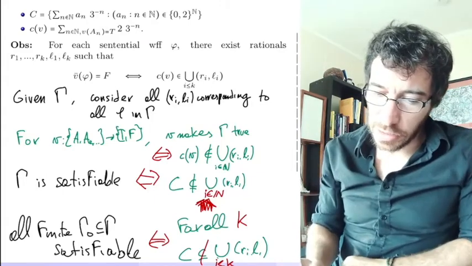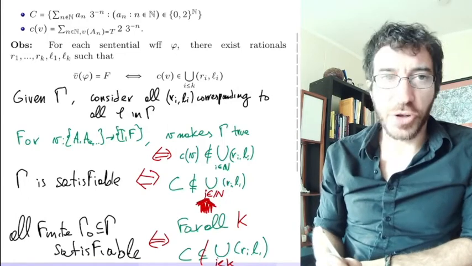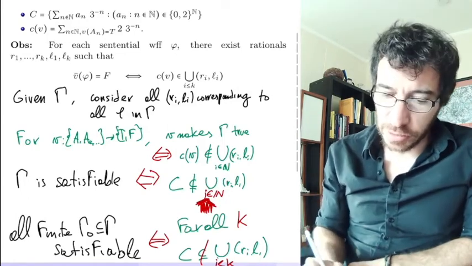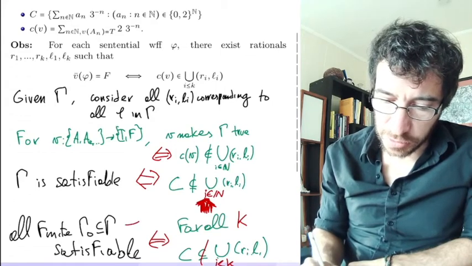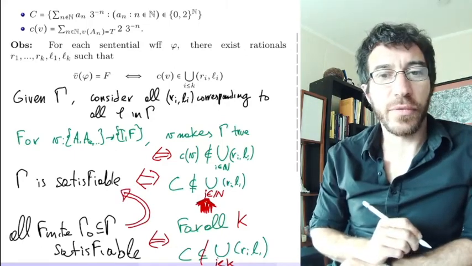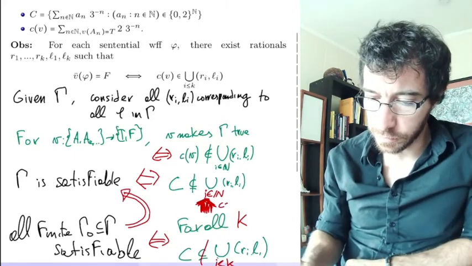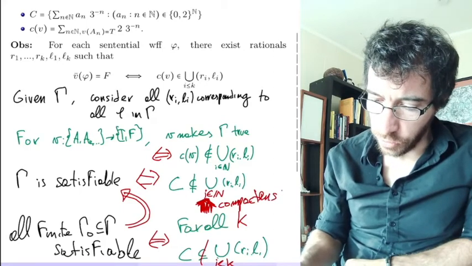So that's what the compactness theorem says. Therefore, we go around and we get that if all finite subsets of gamma are satisfiable, then gamma is satisfiable. Right? Via this, it is compactness for the Cantor set.